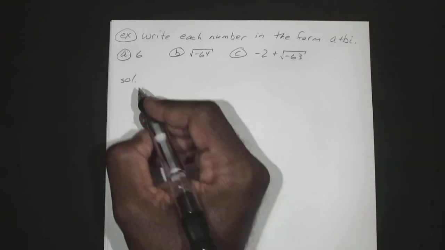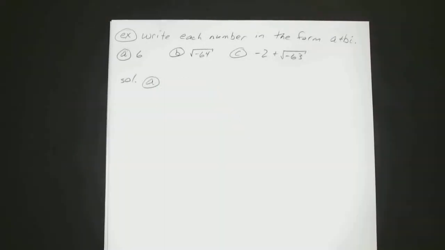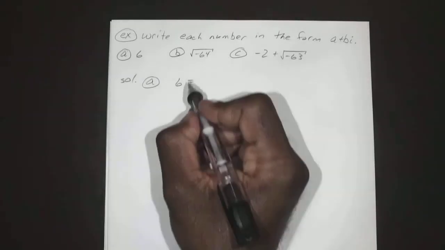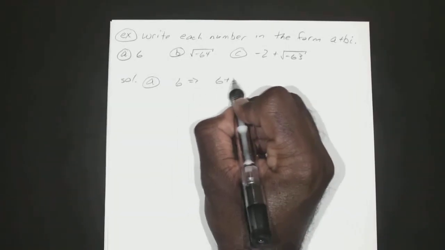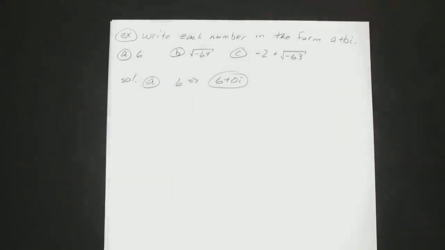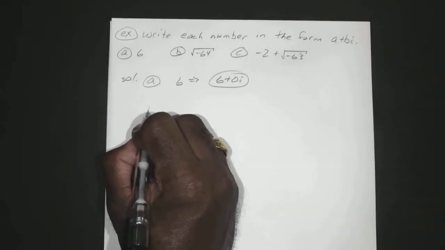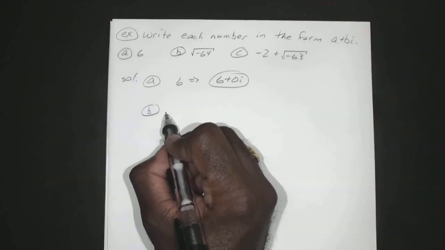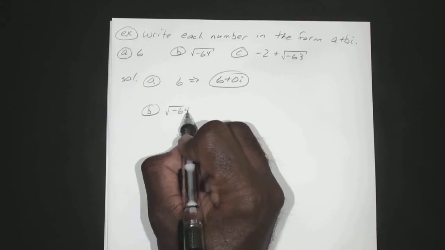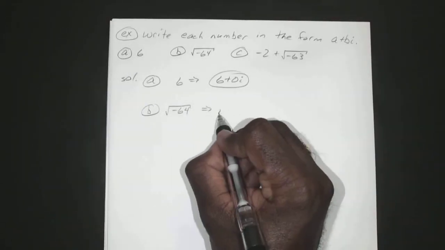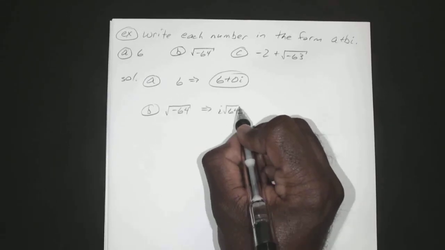Okay, so if we start with A, if you have 6, you can just make that 6 plus 0i. Okay, you'd be pretty much done with that one. Now for B, if you have square root of negative 64, you can just make that i square root of 64.